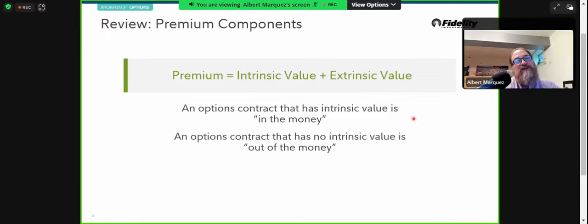Maybe that option actually costs $7.50. What does that mean? Well, it has that $5 of intrinsic value. We already talked about that, right? 105 minus 100. That means what's left over, that $2.50, is the extrinsic value, the time value as well as the implied volatility.